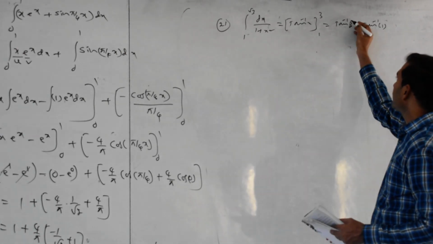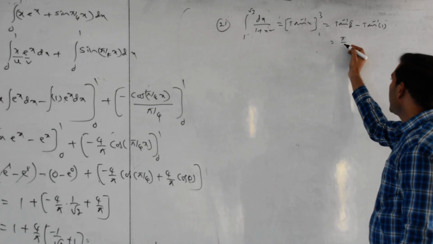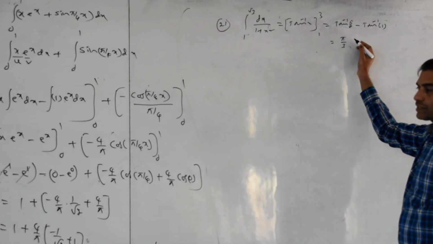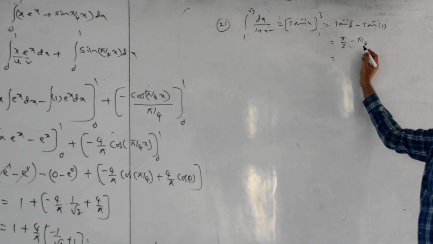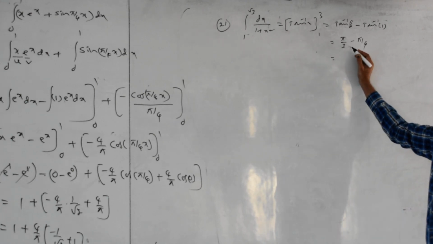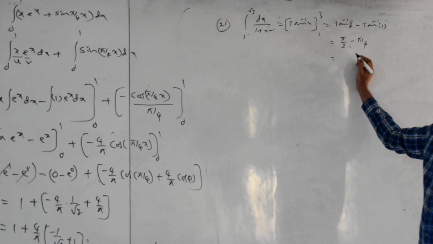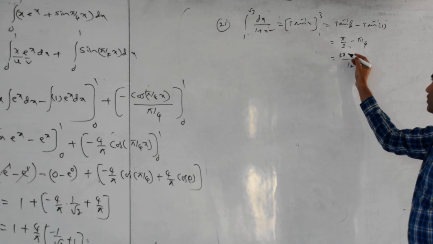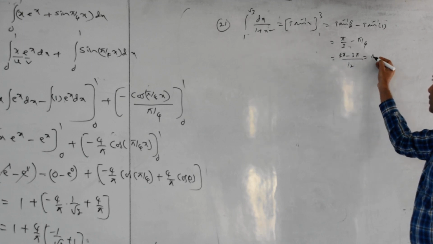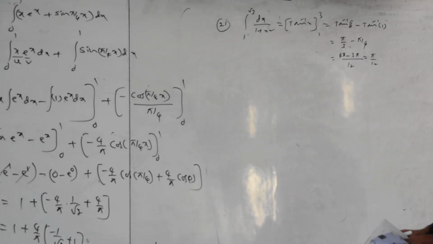Tan inverse of root 3 is pi by 3, 60 degrees. Tan inverse of 1 is pi by 4. Pi by 3 minus pi by 4 equal to 60 minus 45, 15. Take LCM here: 12, 4 pi minus 3 pi equals pi by 12, that is 15 degrees.